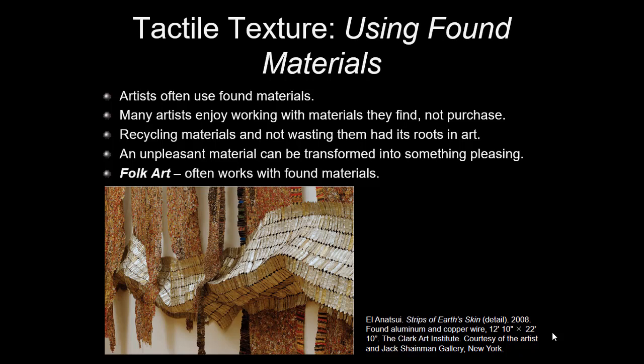So if you are at home or if you are out and about and you're finding these random materials and you're putting them together, that's what found materials works of art are. And that's what the artist did here. And despite them being found materials, he's actually able to put together a really dense type of texture.